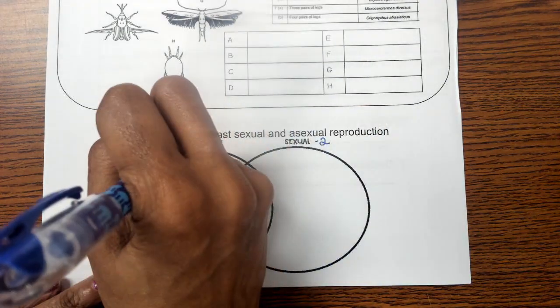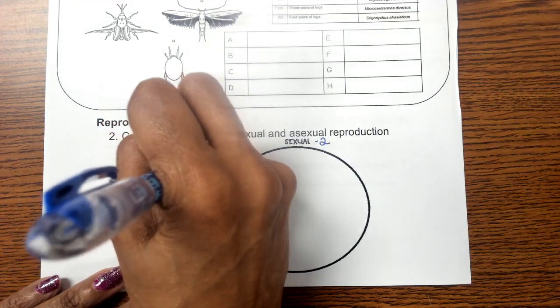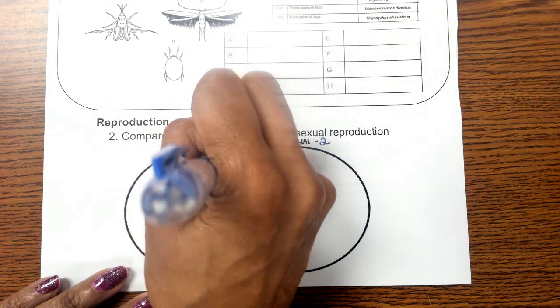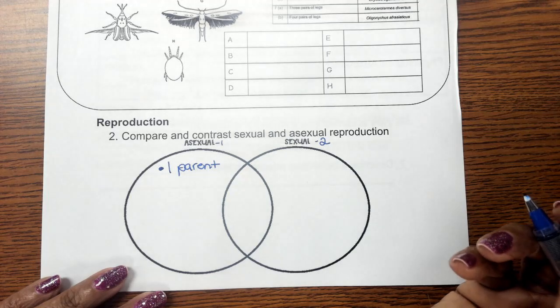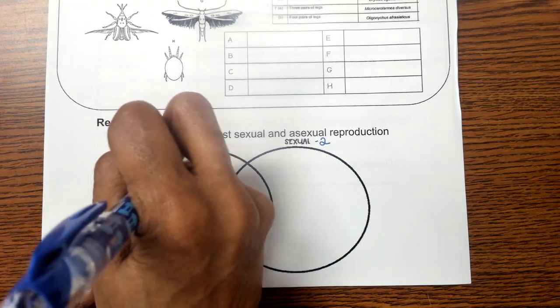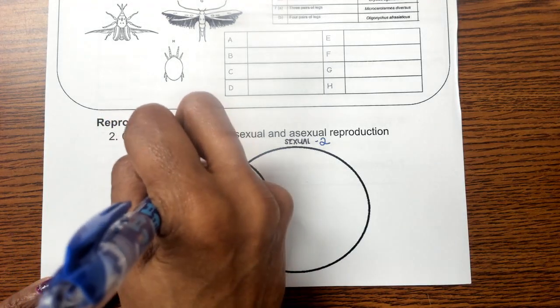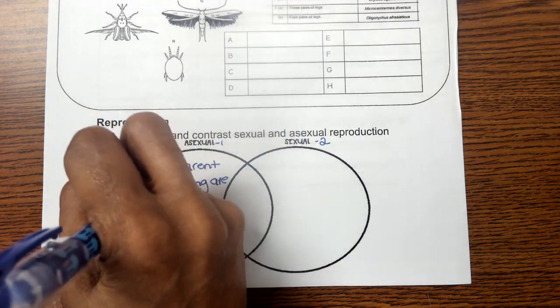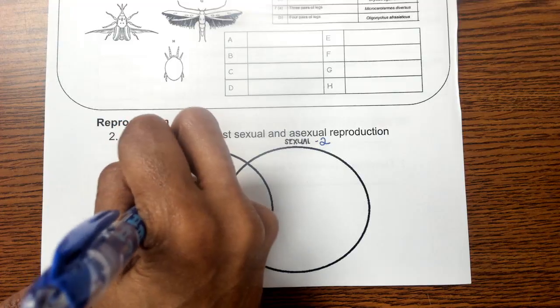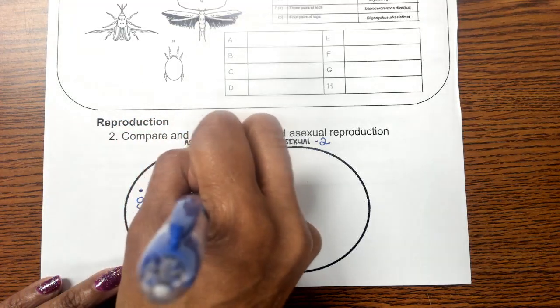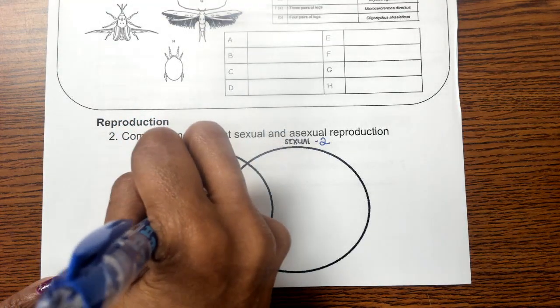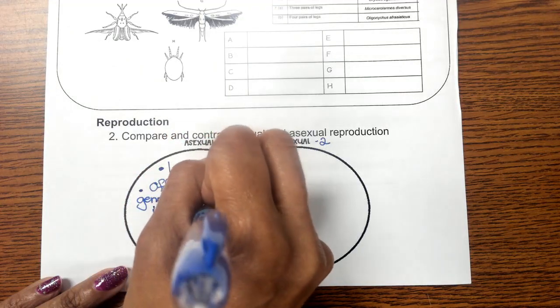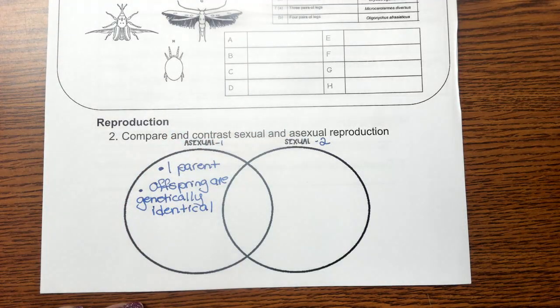Okay, so I already said that asexual reproduction is 1 parent. The offspring are genetically identical. So there's no variation. It's basically a clone or a copy.